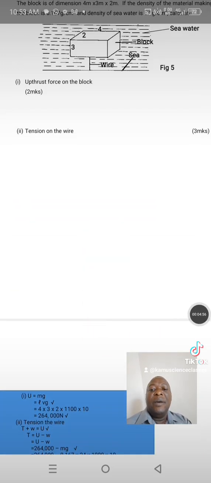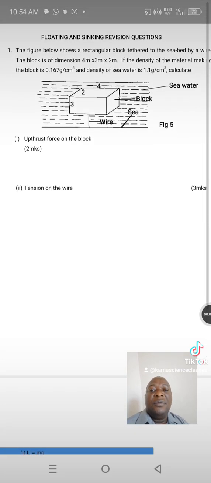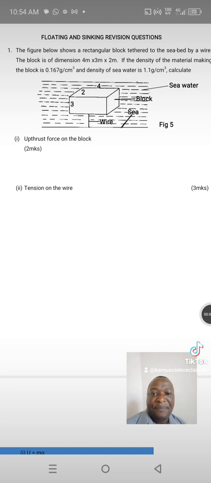For part (ii), which is the tension on the wire. Now, the block is being pulled towards the seabed. Therefore, the direction of tension is downwards. The weight of the block is also downward.